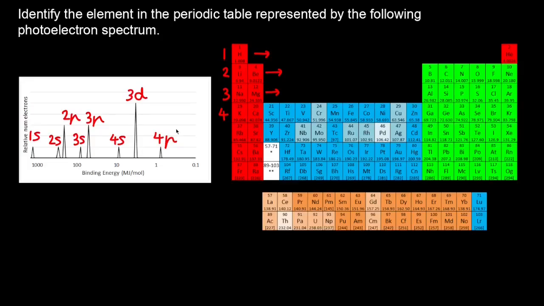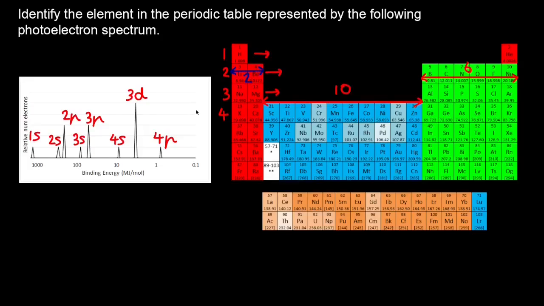And note that the d subshell takes 10 electrons, whereas the p subshell takes 6 electrons. And the s subshells are 2 elements wide, so they take 2 electrons.